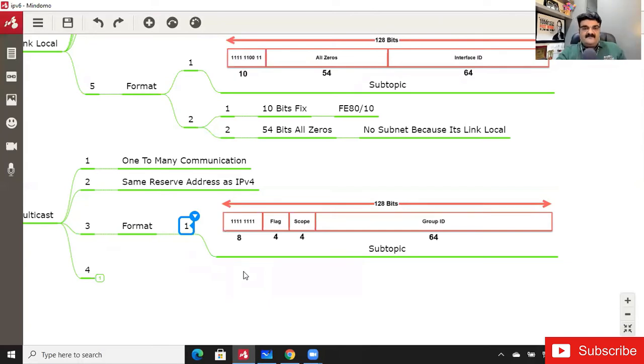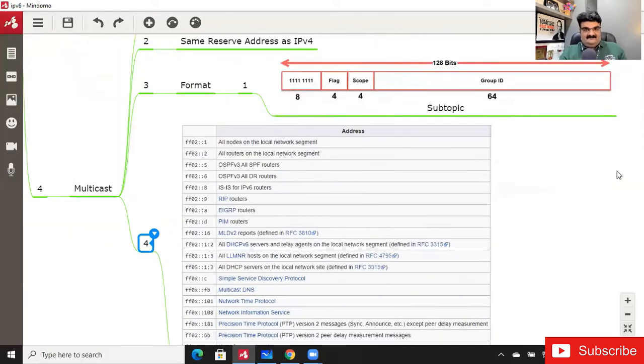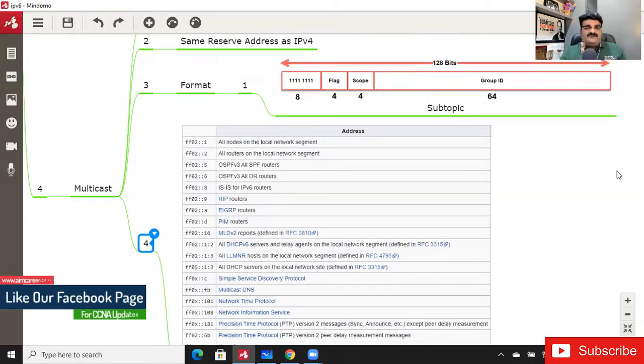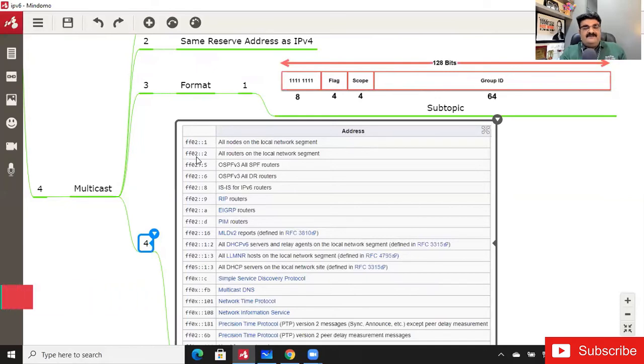Now, from an exam perspective, you have to remember this. Right now I want you to just remember the first two. The first one is FF02::1.